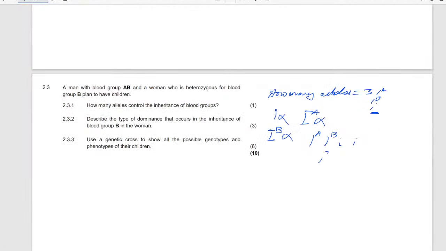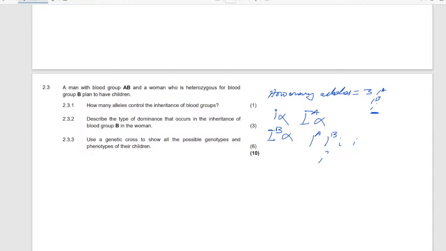We are done with those alleles. Next: describe the dominance that occurs in inheritance of blood group B. We have 3 types of dominance: complete dominance, codominance, and incomplete dominance.